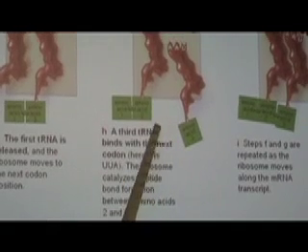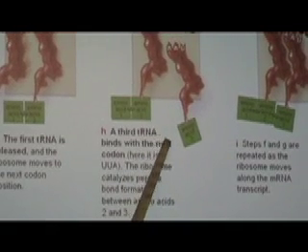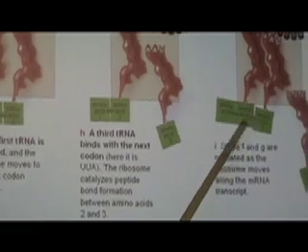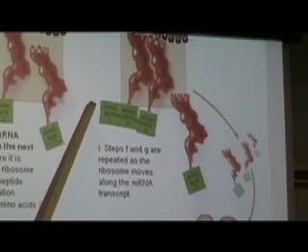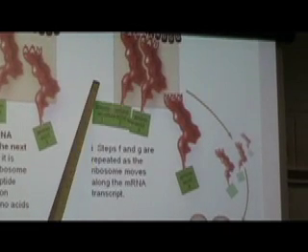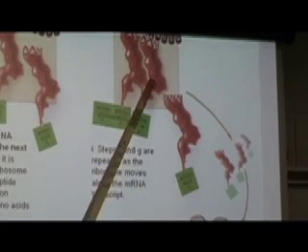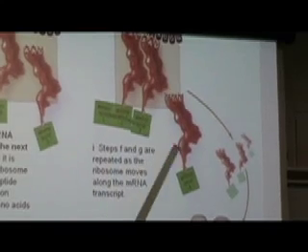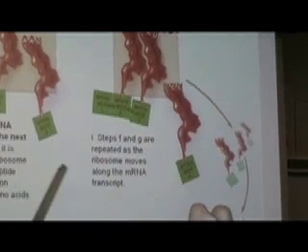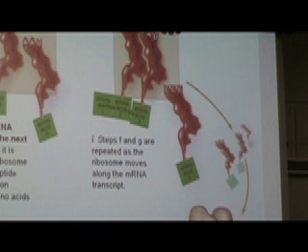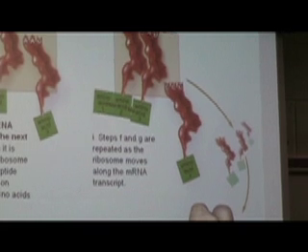The same thing is going to occur. A peptide bond will form between amino acids 2 and 3. The tRNA is going to be released from the P slot. The one in the A slot will move over, and then amino acid number 4 will come in. And this process is repeated over and over and over again and is known as elongation.